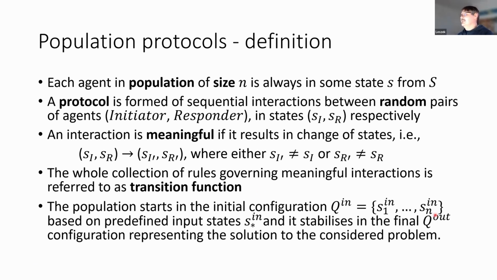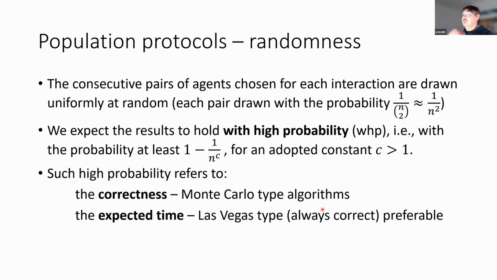So they start in some predefined configuration, and through the sequence of interactions, eventually all of them end up in the final configuration. The initial configuration encodes the input to the problem, and the final configuration encodes the output of the problem, or the solution to the considered problem.